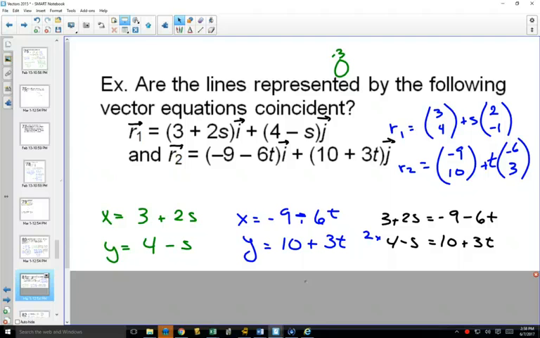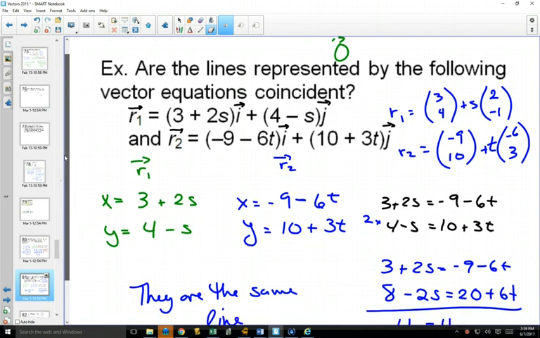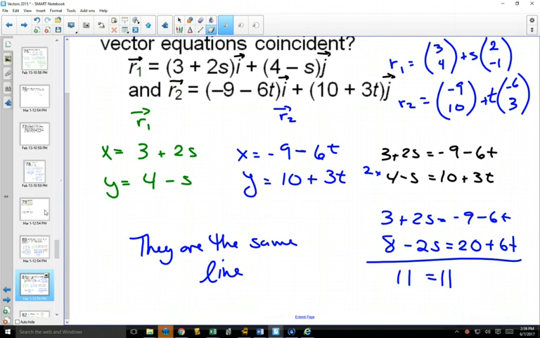And whatever's in front of your j, that is, and this is R1, and this is R2. And if you want to check if you got the rest right, oh, we get 11 equals 11, or maybe you got a different something equals a different something. These are the same line.